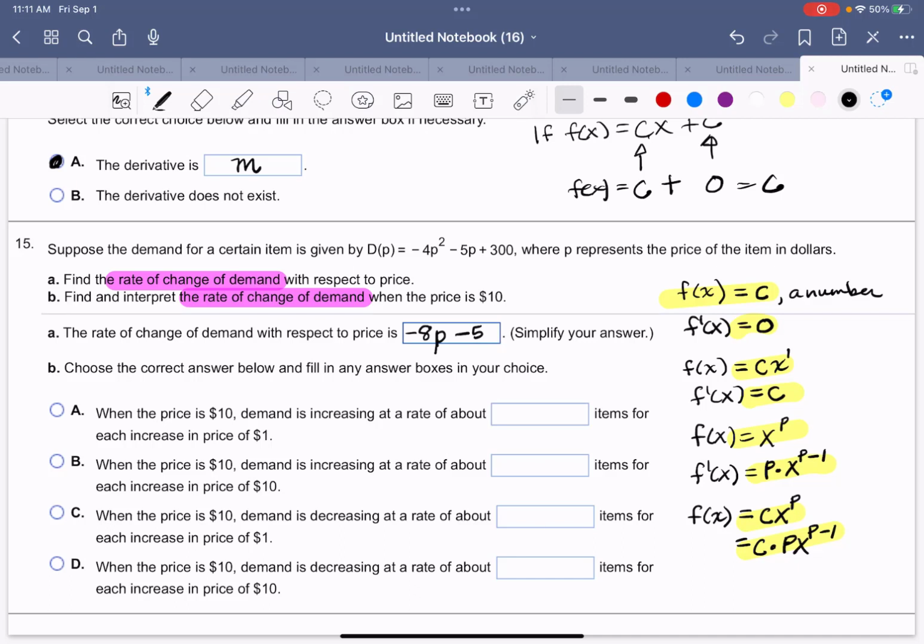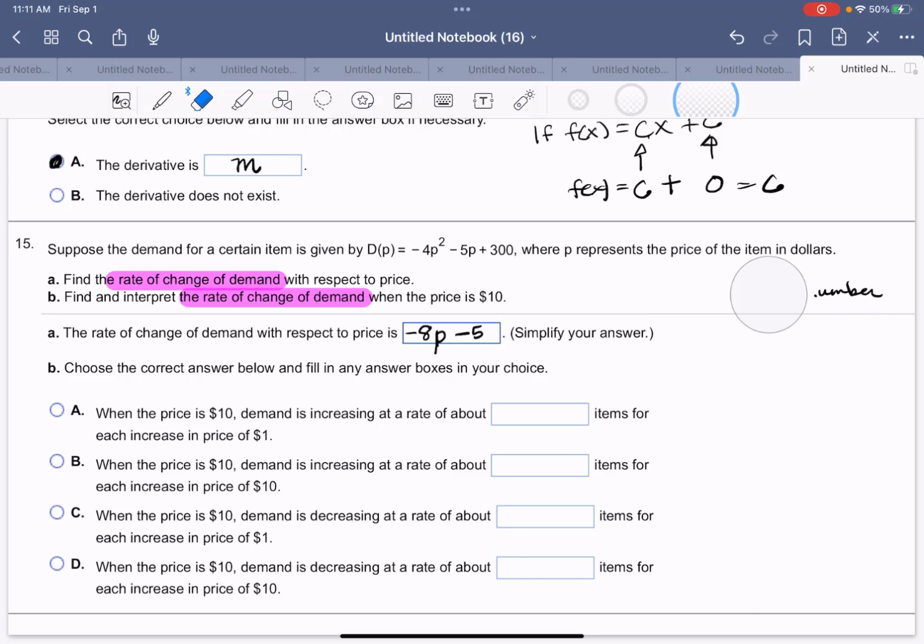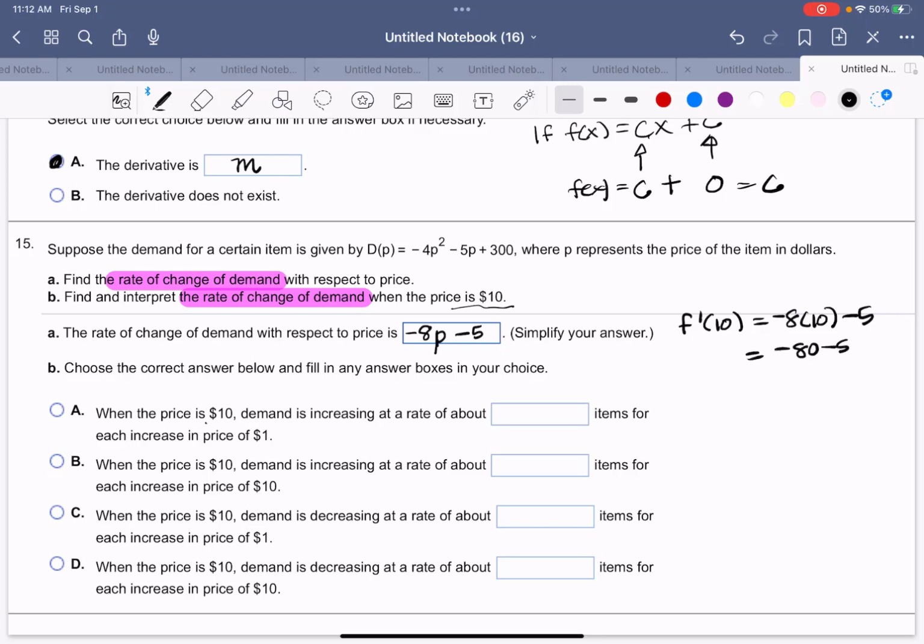And so now we can do some substitution in here. We can find it when the price is, let's see, $10. So that would be d prime of 10, which would be negative 8 times 10 minus 5, which is negative 80 minus 5, which is minus 85.